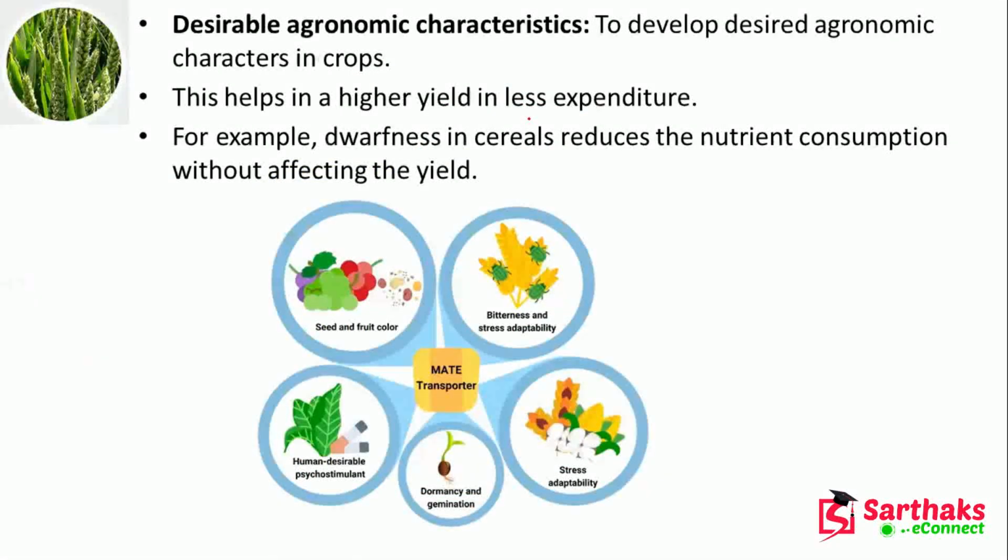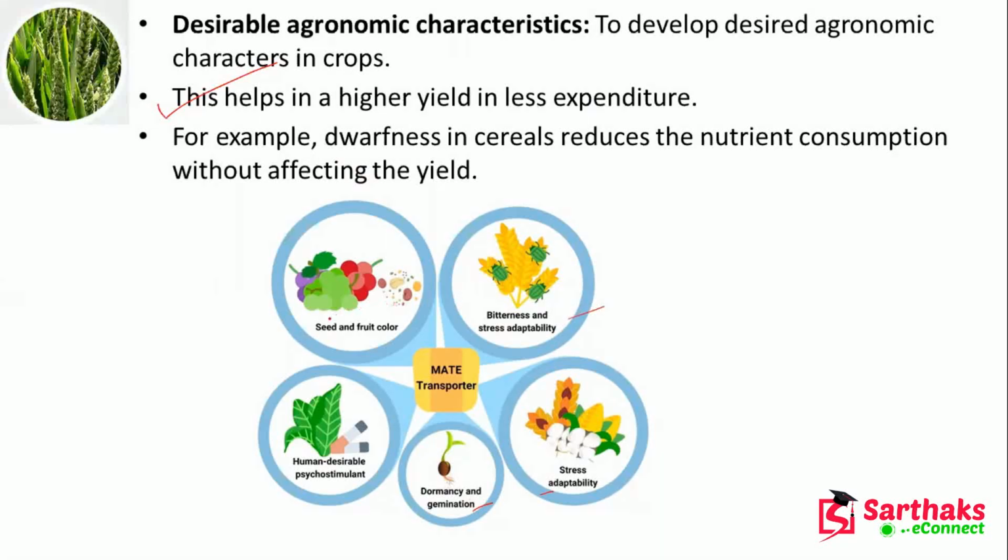Now the desirable agronomic characteristics. To develop the desirable agronomic characteristics in the crop helps in a higher yield with less expenditure. Like dwarfness in cereals reduces the nutrient consumption without affecting the yield. So here you can see in this picture dormancy and germination, some stress adaptability has been incorporated.